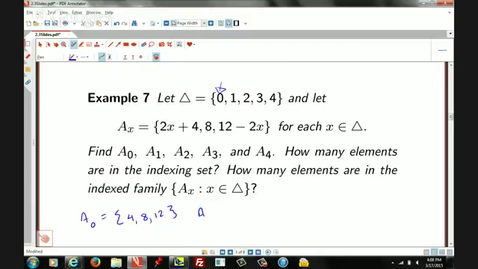What is A1? 6, 8, 10. Okay. How about A2? We don't have to write it down twice, right? It's just 8. How about A3? 10.